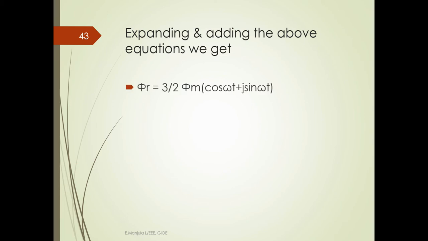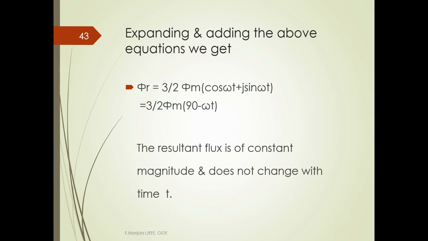So expanding and equating the above equations, we get pi r is equal to 3 by 2 pi maximum sin omega t plus j of sin omega t, that is 3 by 2 pi maximum at angle 90 minus omega t. So the resultant flux is of constant magnitude and does not change with time. So it is constant.